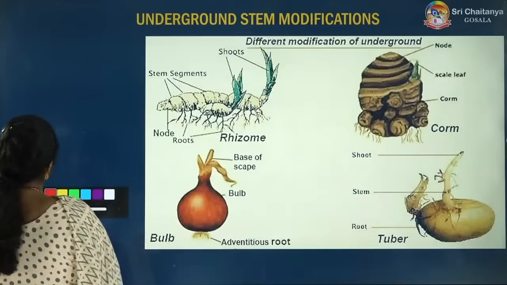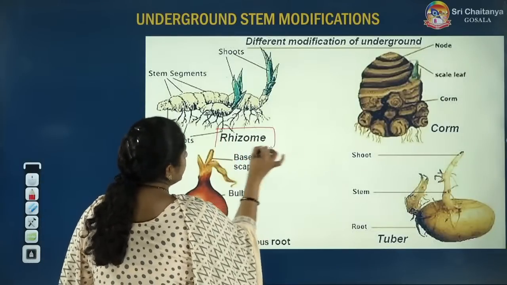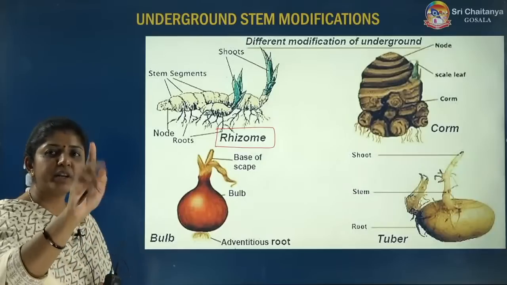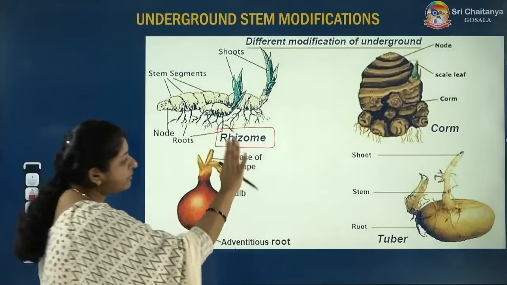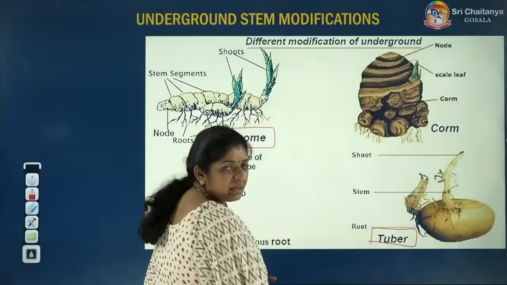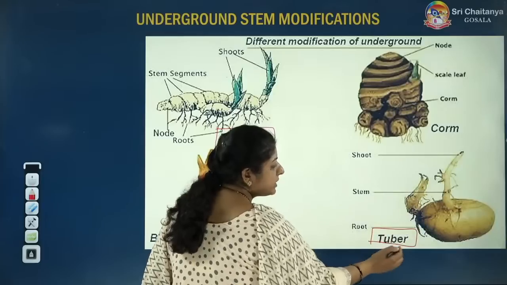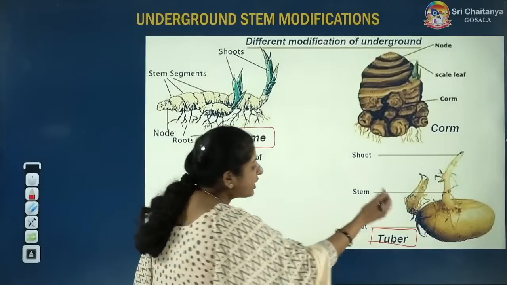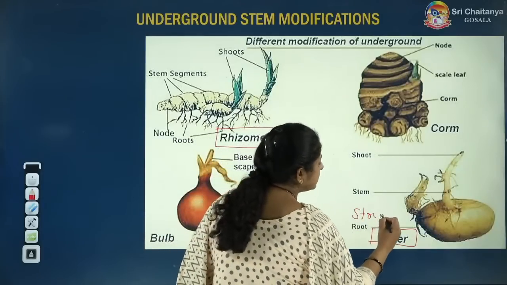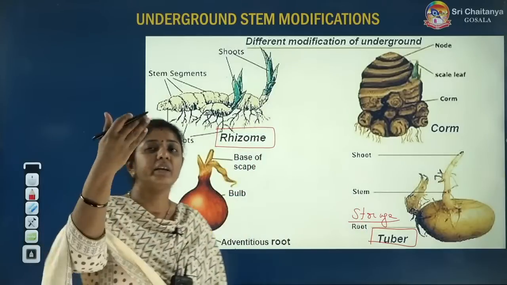These all structures, like for example, rhizome is the name of that modification. For example, let me start with a very simple thing. You know potato, tubers are there. They are under the ground. The modification name is tuber. And what is its function? Storage of food. The stem is such that it is not aerial.